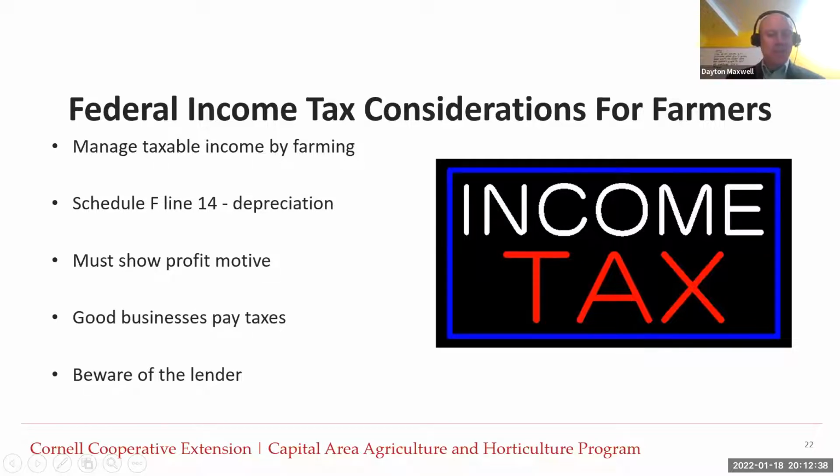Not that they're doing anything wrong, just following tax rules, but they were able to manage taxable income through the farm operation. We mentioned Schedule F line 14 is a great place to manage taxable income and reinvest in the business. Must show a profit motive, and good businesses do pay taxes.